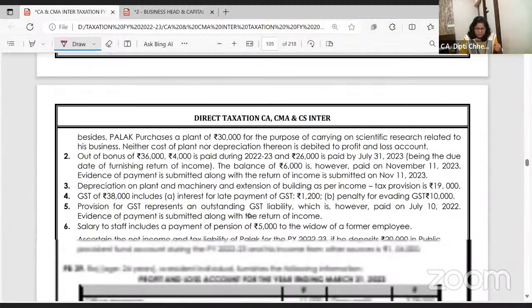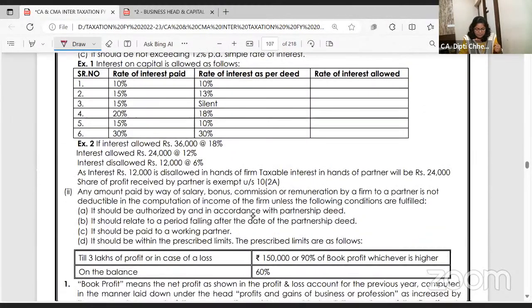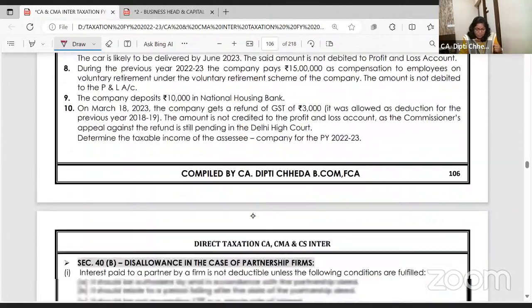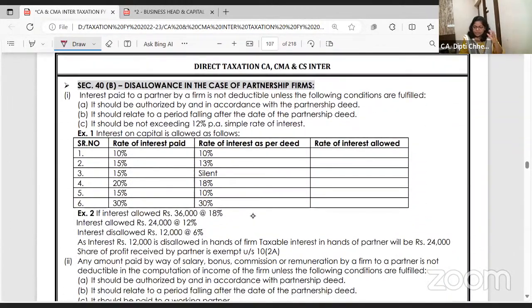Yes, let me take it up from here. When we are talking about assessment of partnership firm, dear students, can we pay interest on capital to partners? Answer is yes.